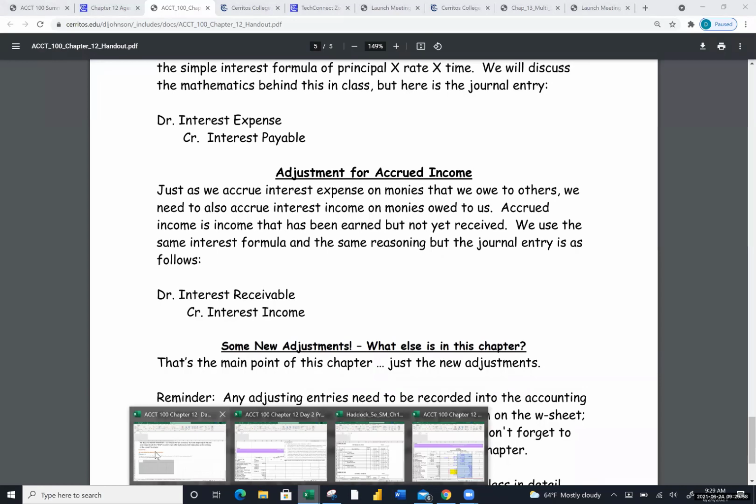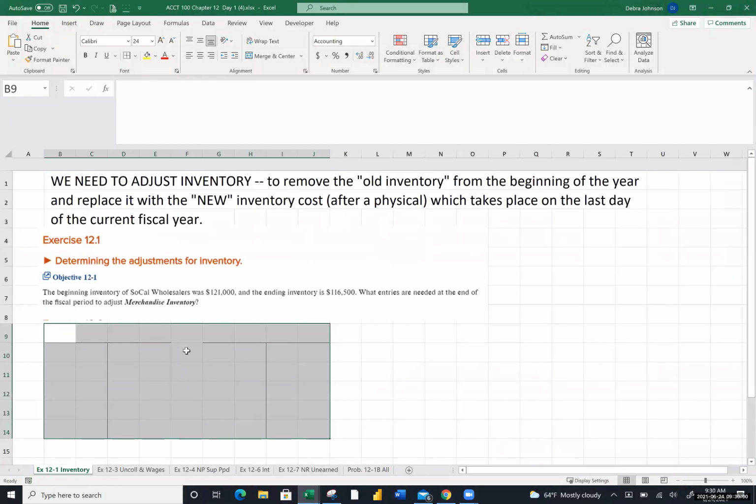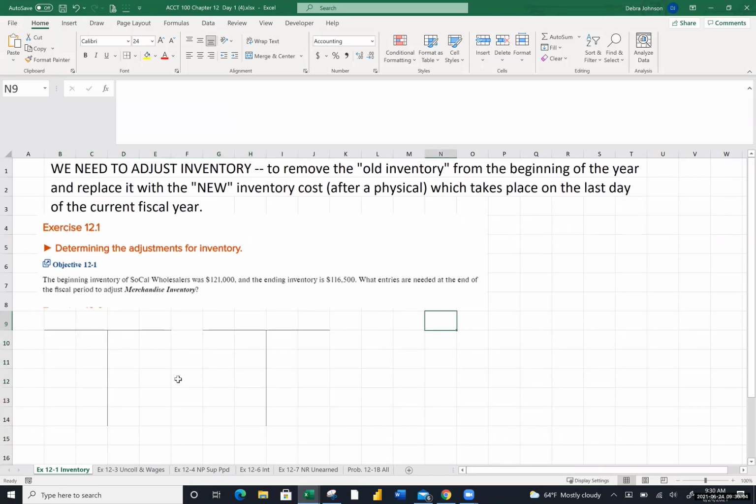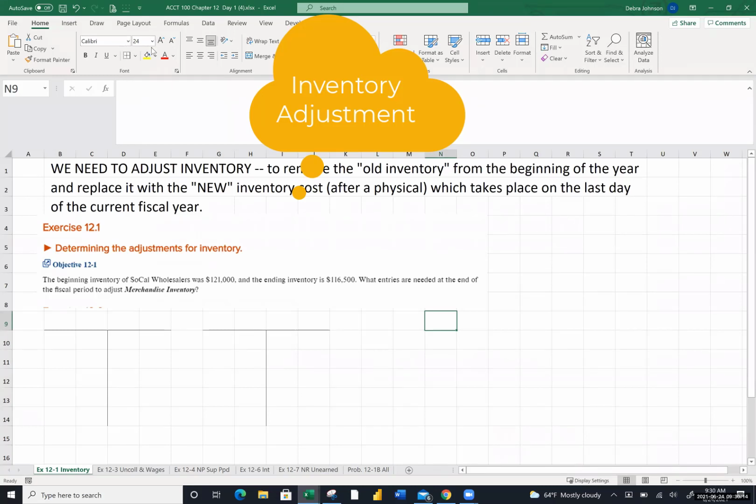So I'm going to go to the Chapter 12 Day 1 handout. Right before class started, I put a couple T accounts in here to help me with explaining how to do these. If you don't know how to make a T account, there's this lines button up here.